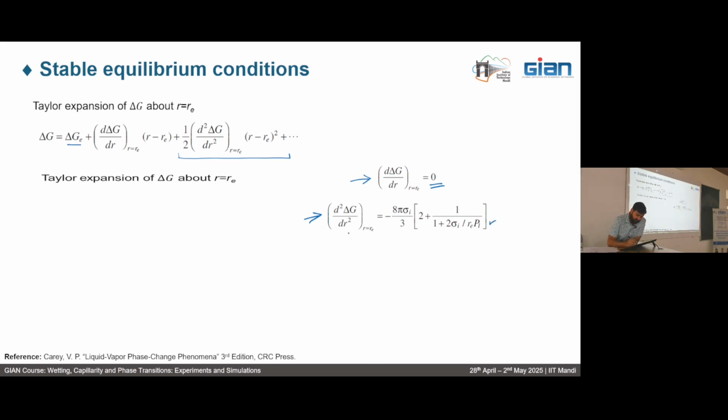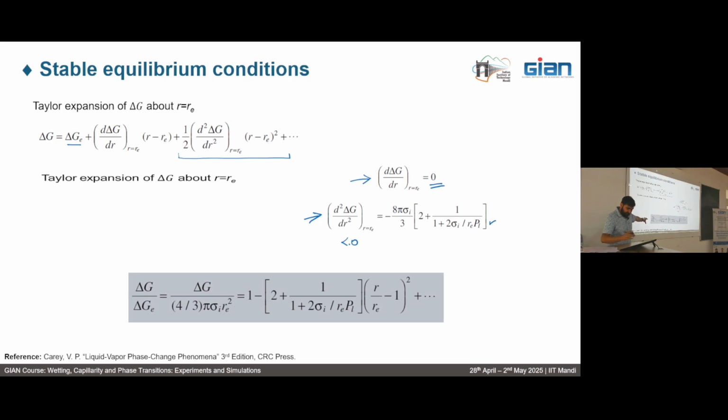So it means that this is less than 0. It means that this is a point of maxima. So having a point of maxima in the Gibbs free energy means that this is an unstable state. So whenever homogeneous nucleation takes place inside a superheated liquid, the state at Re is an unstable state.